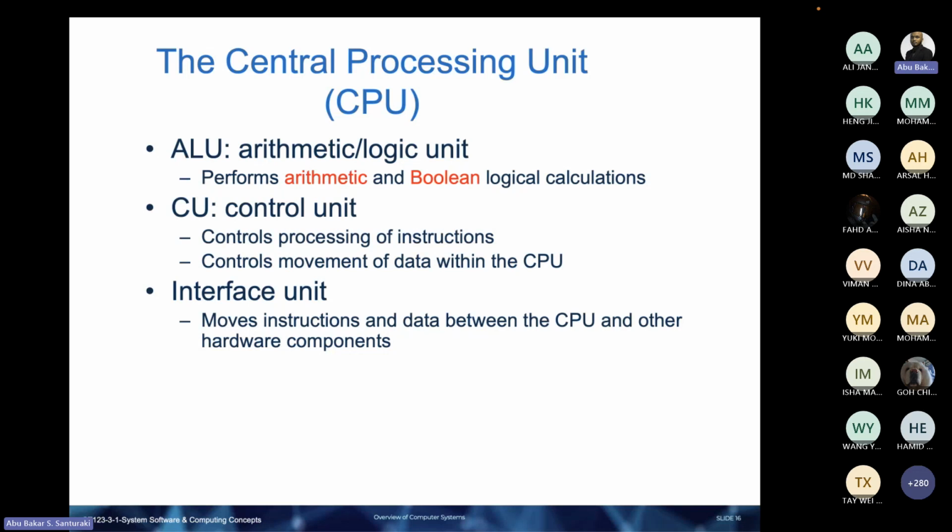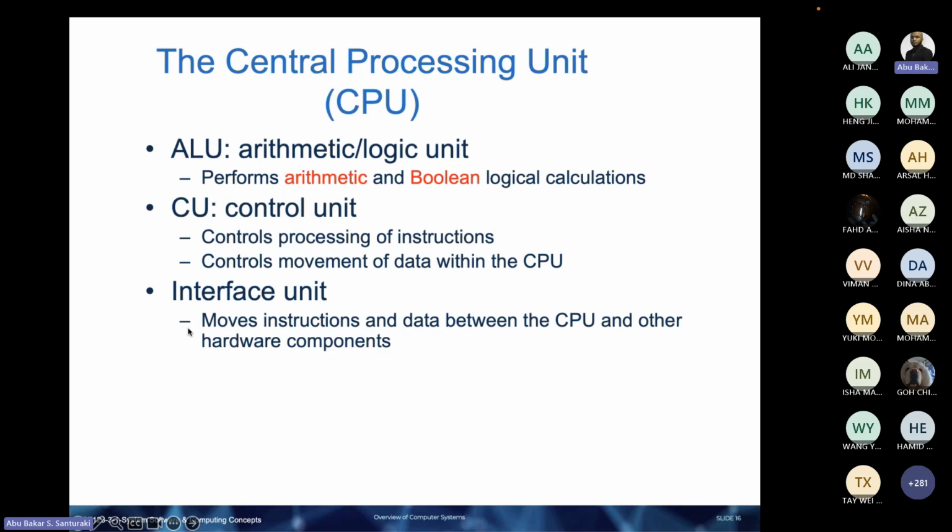Then your central processing unit itself is made up of several components. One of those components is called the control unit. So the control unit controls and coordinates all the components of the CPU. So the control unit is to the CPU what the CPU is to the computer. I hope that makes sense. It controls all the activities of the processor.